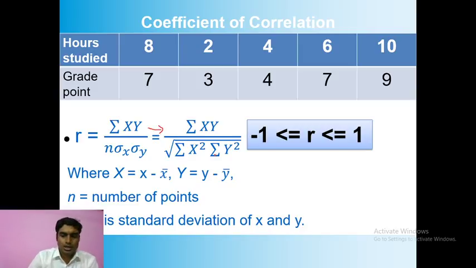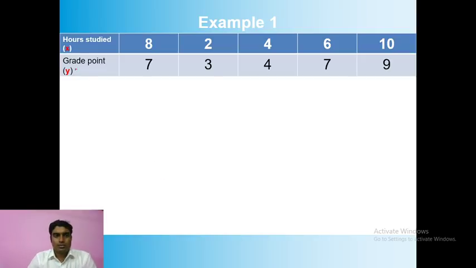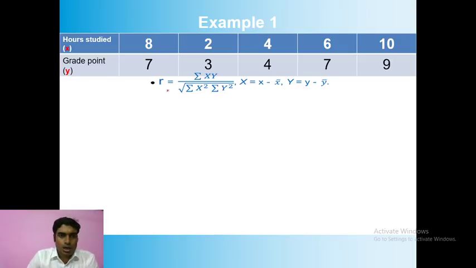Okay, now let's find out the correlation of these two data x and y. First we have to transform small x, y to capital X, Y by finding the mean. First data is x and next one is y. Now r is this definition.